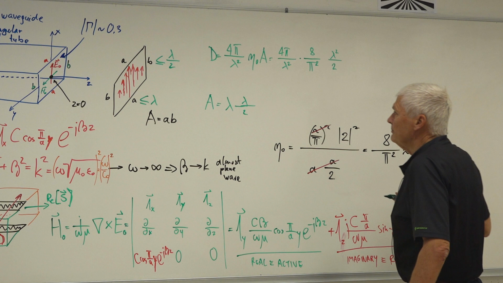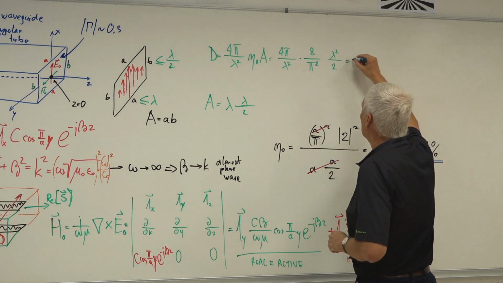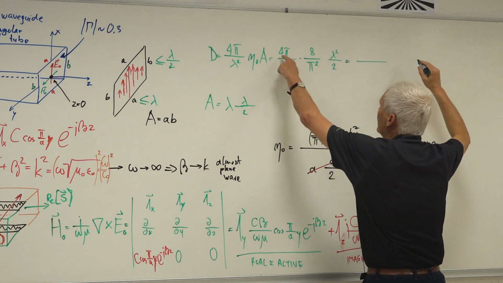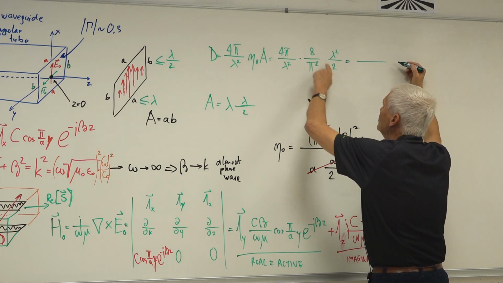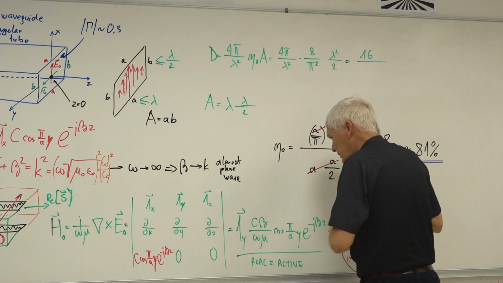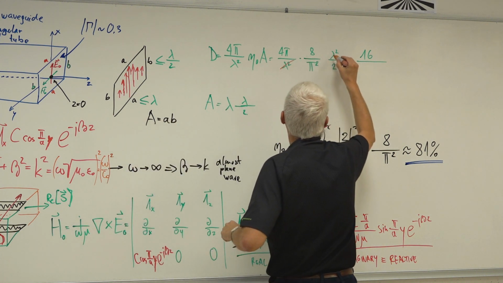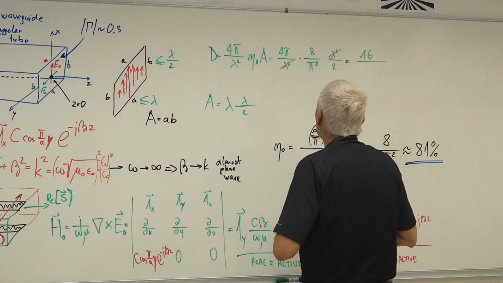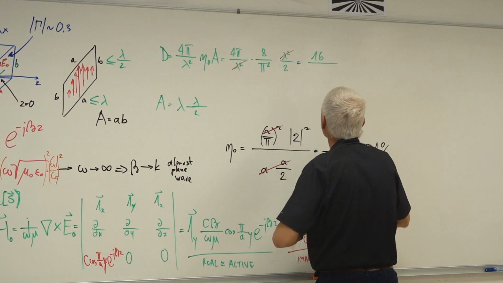So what is the maximum directivity I could get out of this antenna? Let's see. 4 times 8 is 32, divided by 2 is 16. Lambda squared cancels out. P over p squared is p in the numerator.